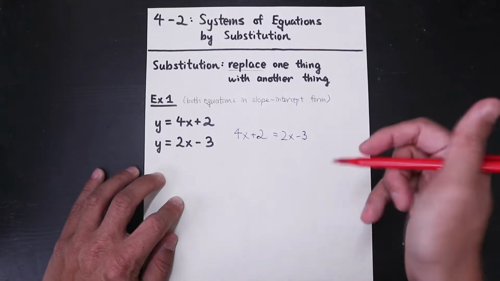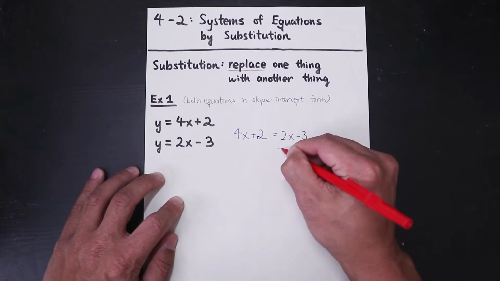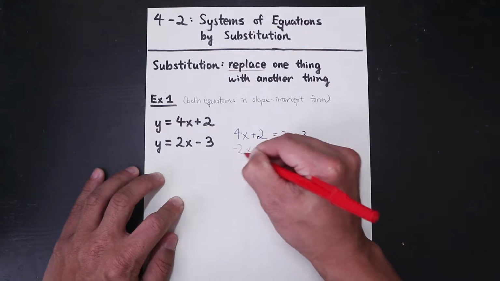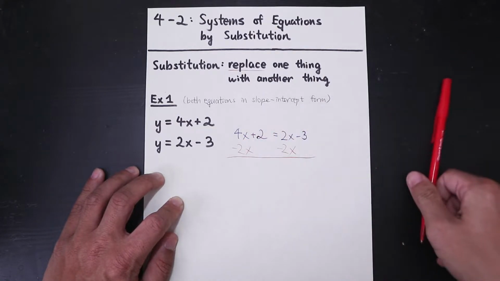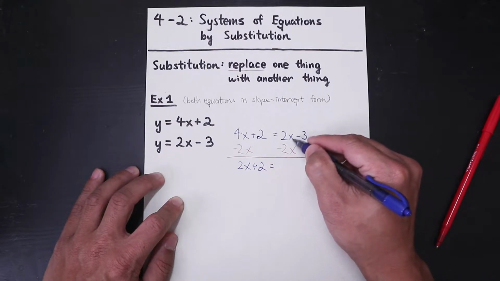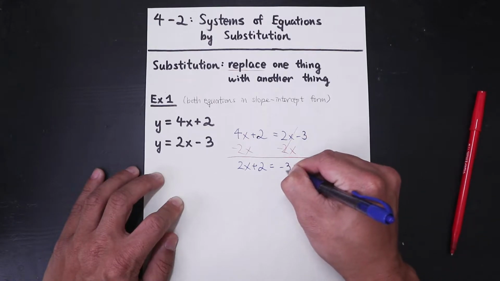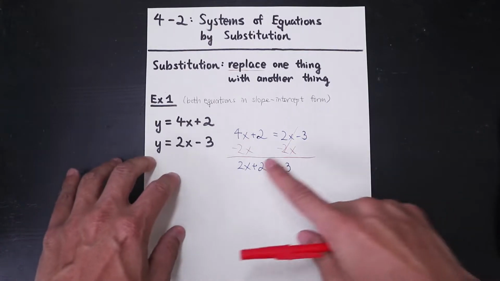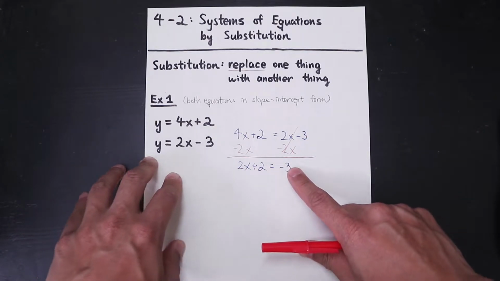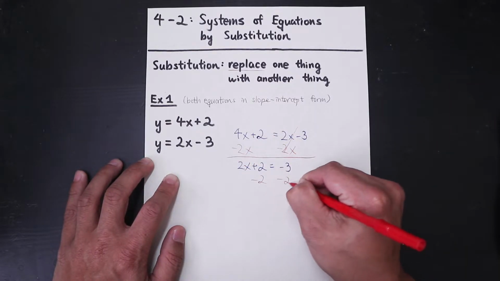Since you have 4x on the left and 2x on the right, you're going to subtract the smaller coefficient, which is 2x. So 4x minus 2x is 2x. You bring down the plus 2. And then 2x minus 2x is gone, so you cross them out, and you're left with negative 3. Since now you have 2x plus 2 is equal to negative 3, you're going to isolate the x by subtracting 2 on both sides.